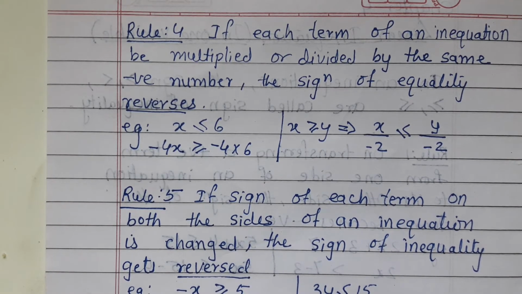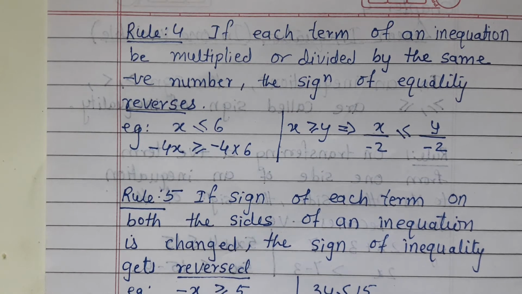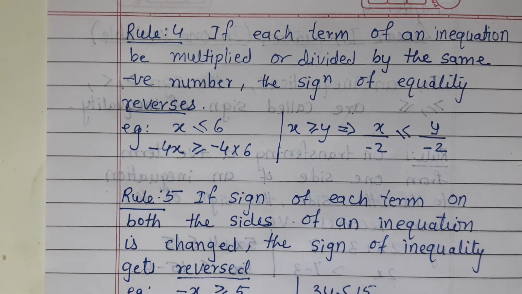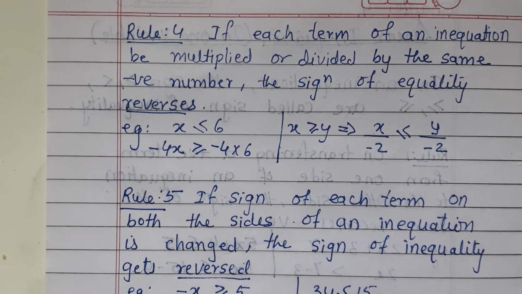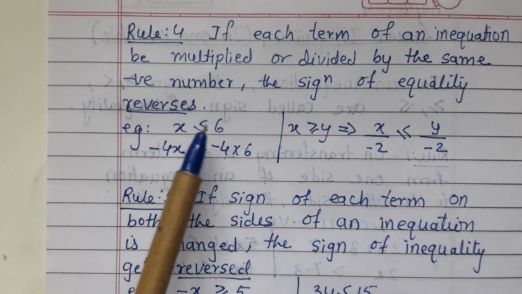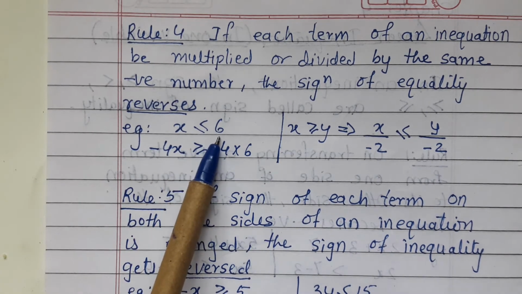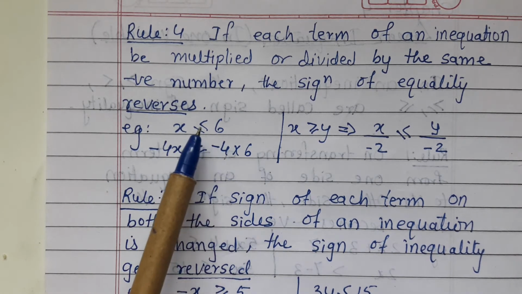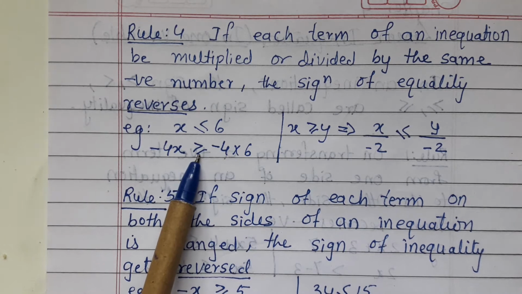Rule 4. If each term of an inequation is multiplied or divided by the same negative number, the sign of inequality reverses. Take an example, x ≤ 6. When we multiply by -4 on both sides, the sign will change.